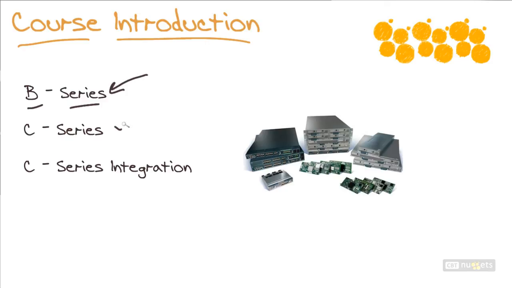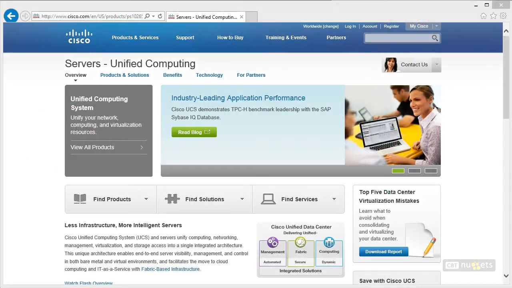And then we'll be focusing on C series, and as I indicated, both the C series integrated into the overall UCS management as well as troubleshooting standalone C series devices. Now, my main focus with you is going to be ensuring that you could walk into a sophisticated UCS implementation and immediately begin to solve any problems that it might have.